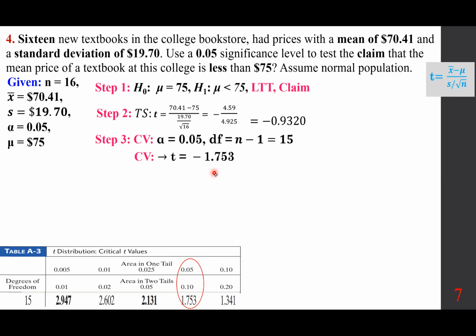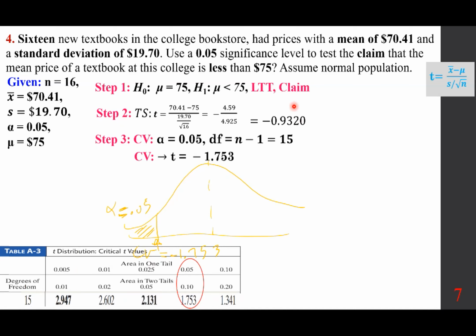Now, in a matter of comparison, if you do the drawing, again, let me do it by hand and I'll show you a better drawing. So the CV, this is alpha, 0.05, and this is CV equals negative 1.753.